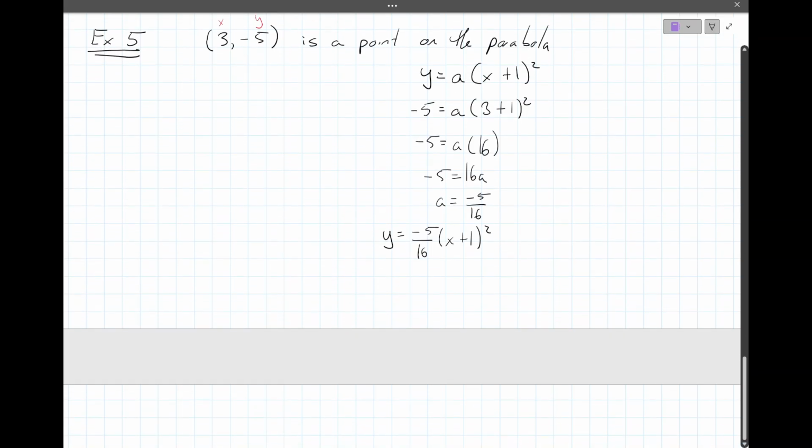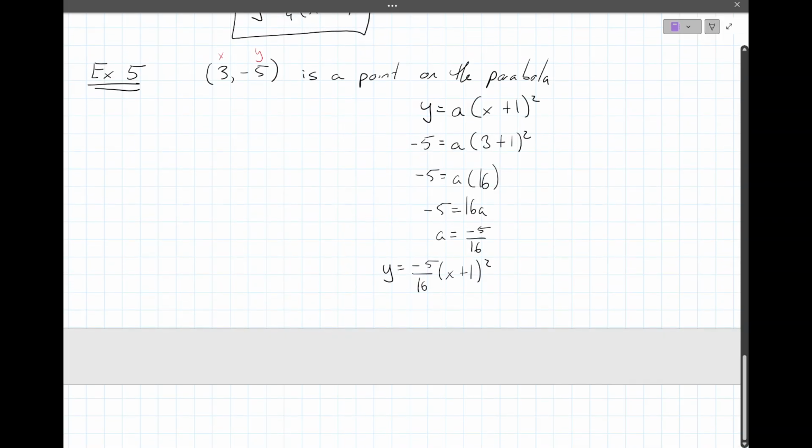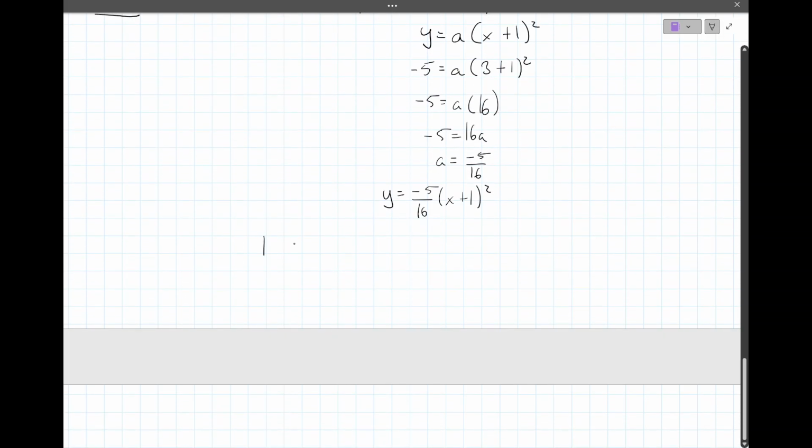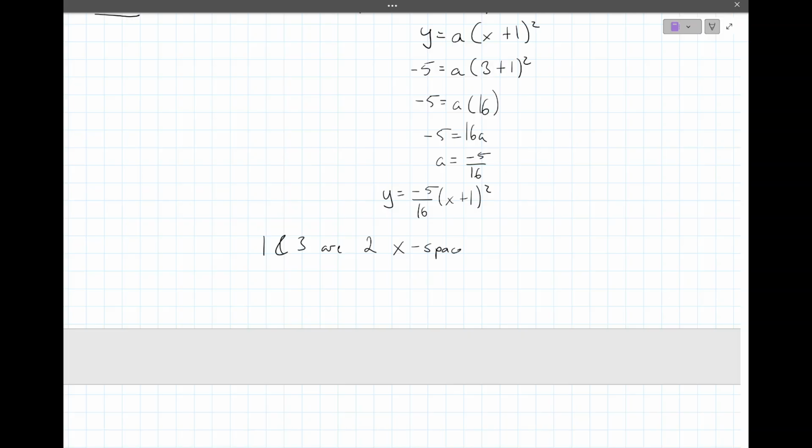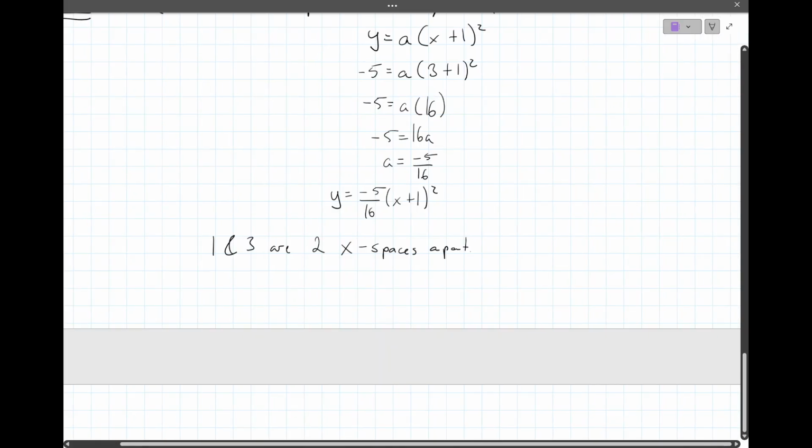If I'm looking at symmetry, 1 and 3 are 2 units apart, or 2 x spaces apart. And I know the axis of symmetry is somewhere.